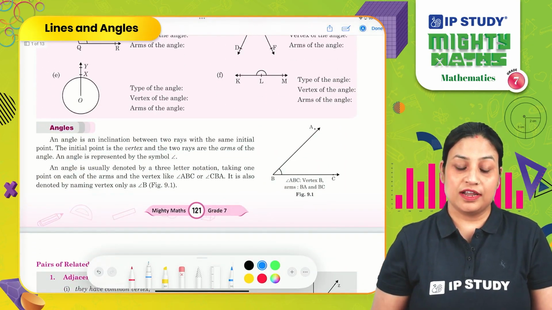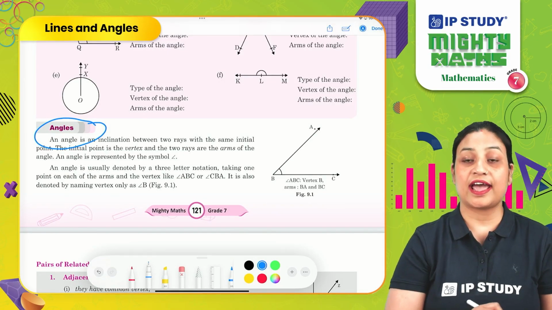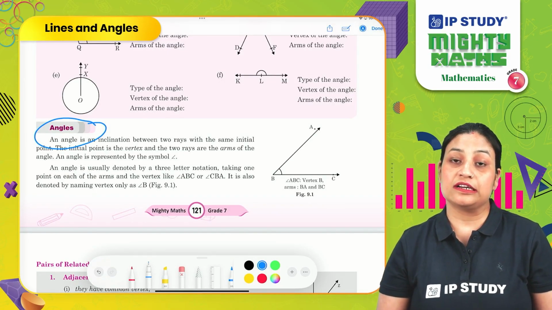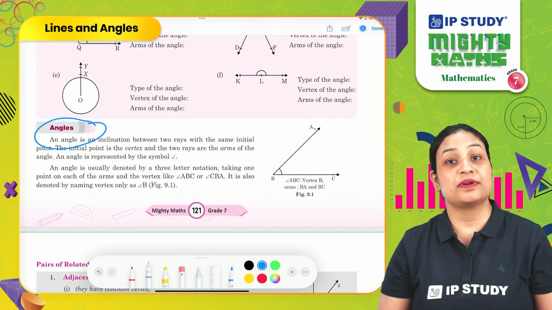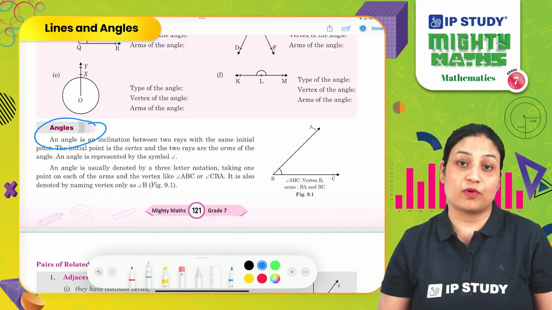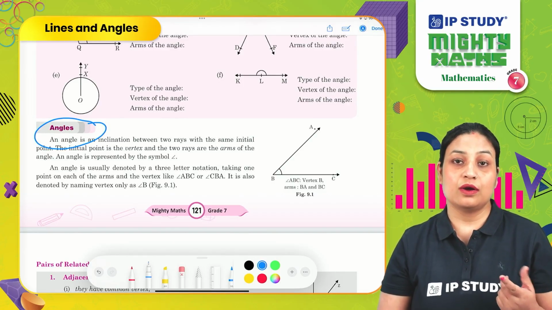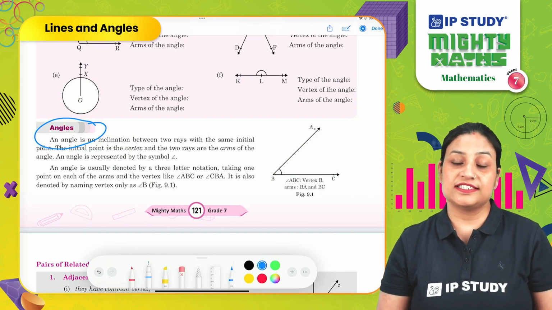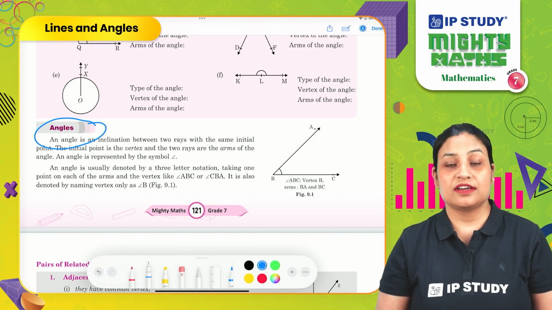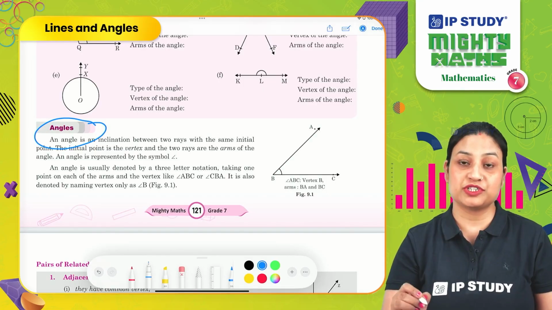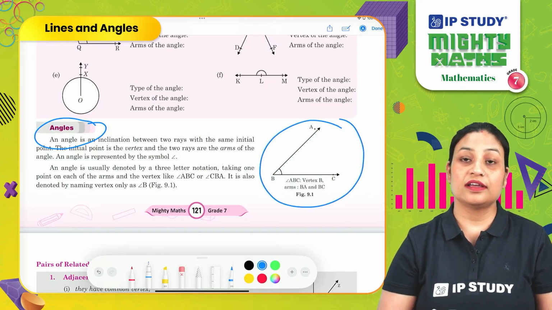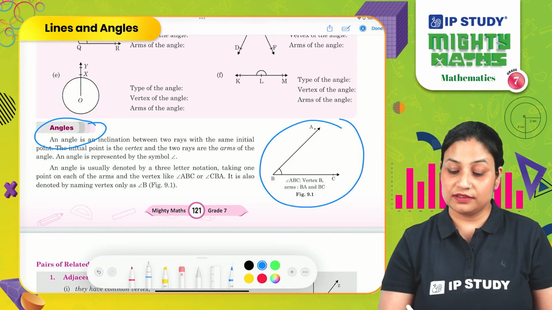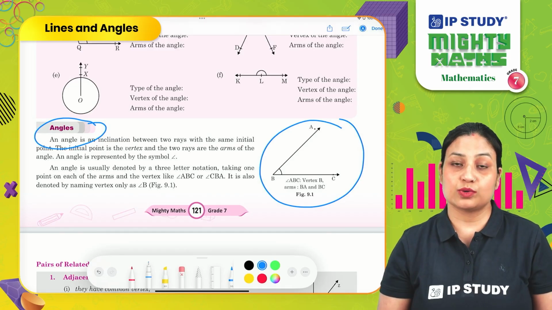So first of all, let's discuss what angles are. The basic geometrical terms we have already discussed in our previous classes, like what are points, what is a line, what is a line segment, what are rays, right? So let's discuss what angles are first. Dear students, let me show you an example. Can you see this? Here this is an example of an angle. So what are angles?